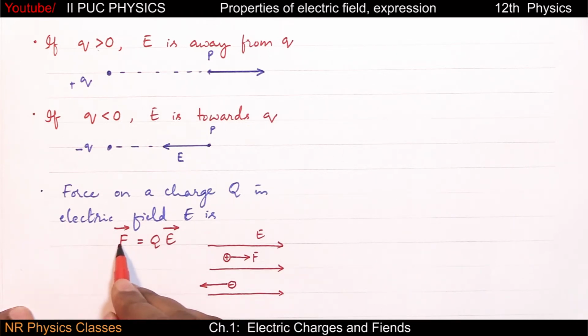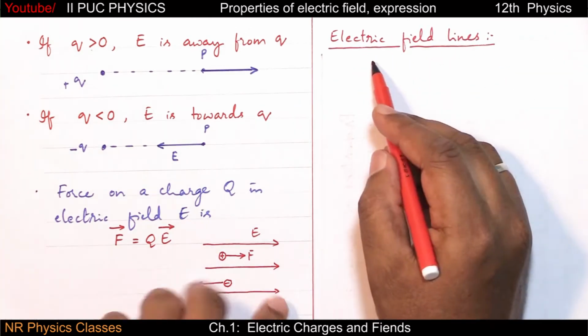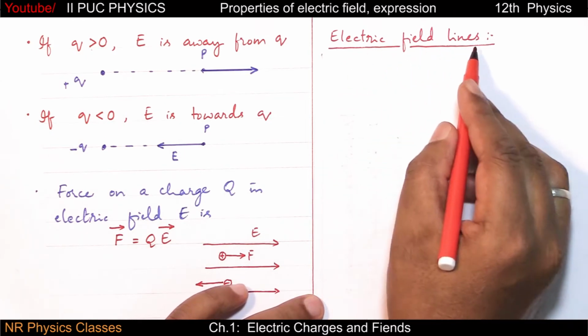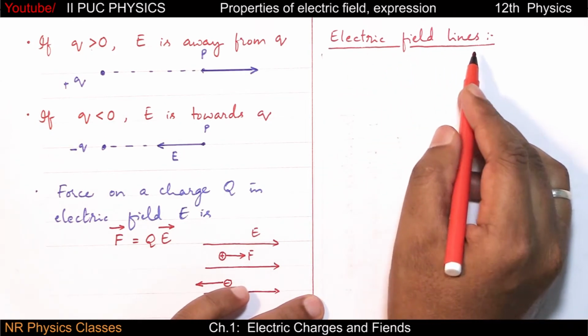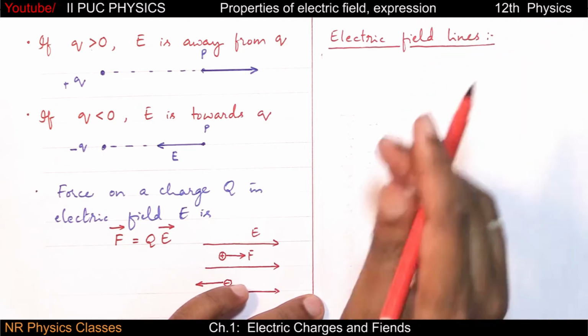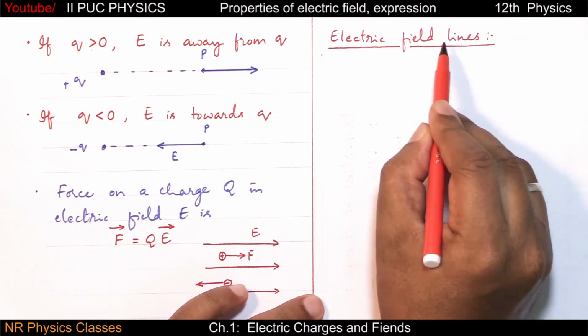Relation between electrostatic force and electric field. Electric field lines. These electric field lines are imaginary lines which represent electric field. And what is the basis of drawing imaginary lines? The direction of motion of a test positive charge is the reference.